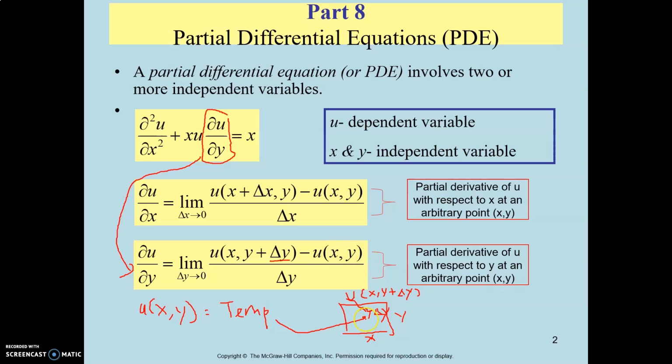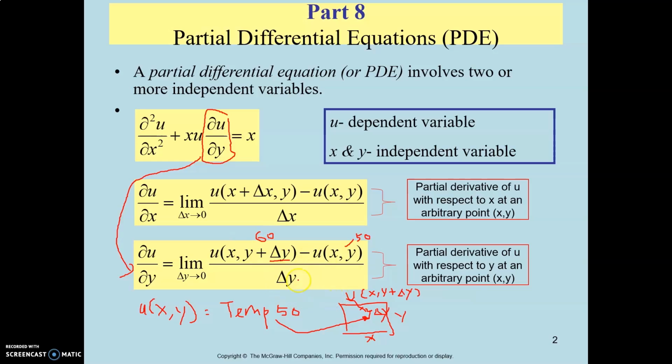So this is the point at which we want to calculate the delta u over delta y. You can give the information here. For example, at this point, the temperature is 50, so you can substitute 50 here. And the point on top is let's say 60. Then you can substitute the temperature here to be 60.